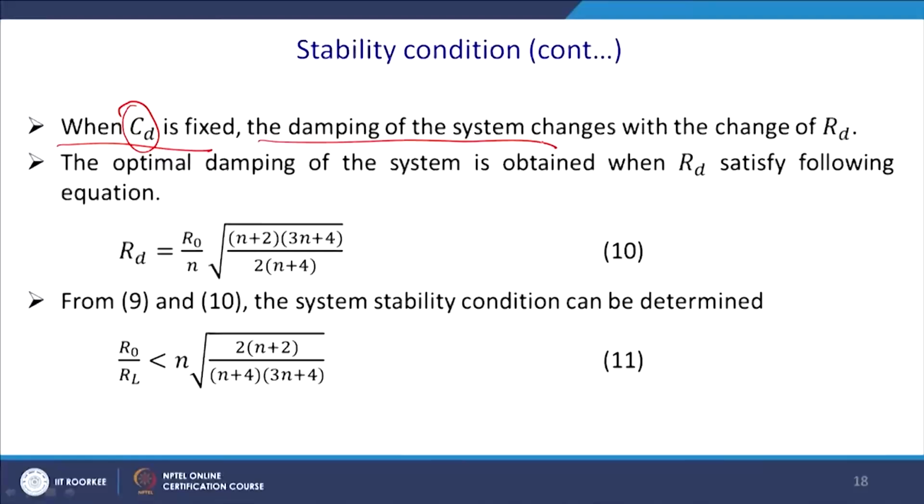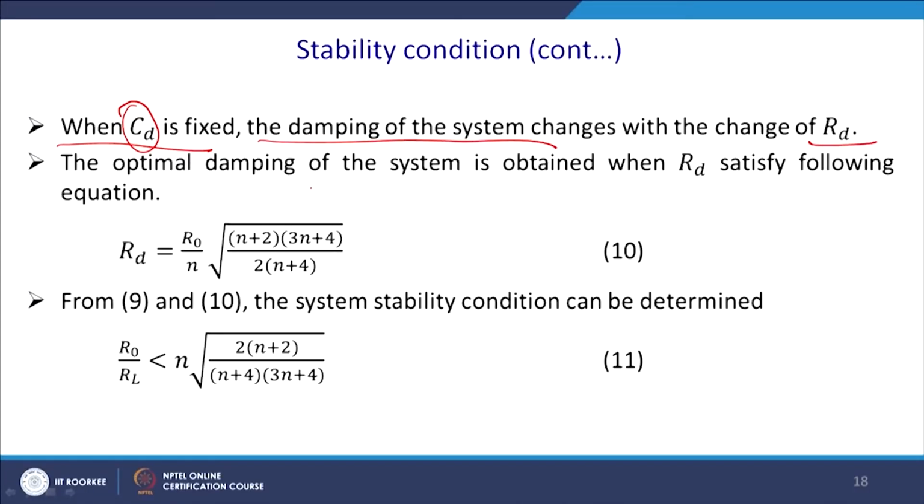But of course, your theoretical aspect will mismatch. There are a lot of parasitic elements that will come into the picture, but then we have to take care of this, and eliminate or account for those parasitics in your hardware. So, what I can say is that the damping of the system changes with the value of R d.